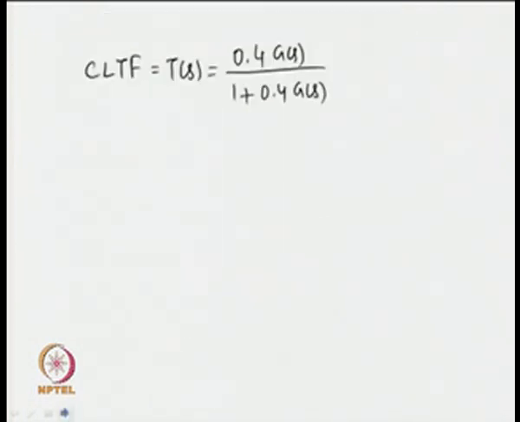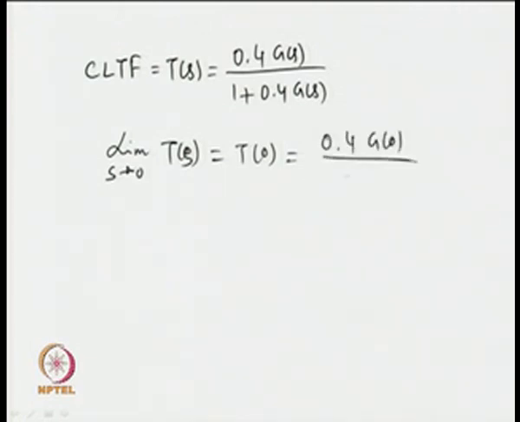Then in that case, the steady state value, limit s tends to 0, T s is equal to T 0, which is nothing but 0.4 G 0 upon 1 plus 0.4 G 0. This is found to be 2 upon 7.